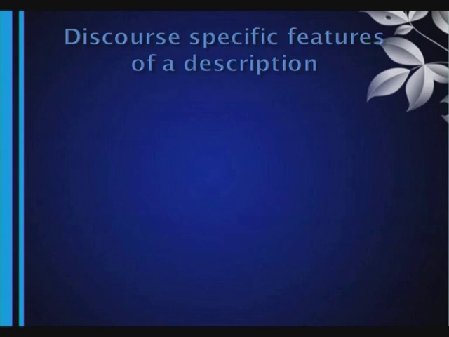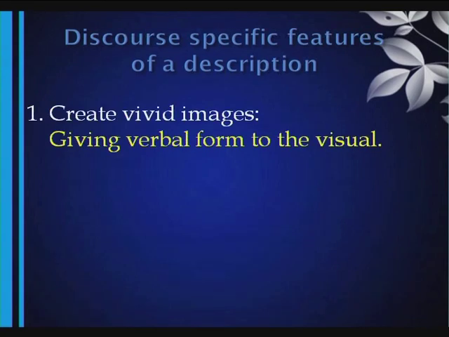Children, we shall look at the features of the description now, because you have understood how to describe the incident of the narrator and the inner feelings of the narrator. Shall we, children? These are the discourse specific features of a description. 1.